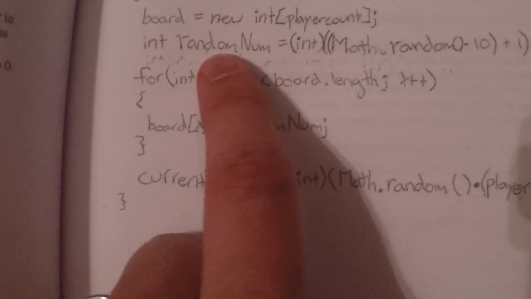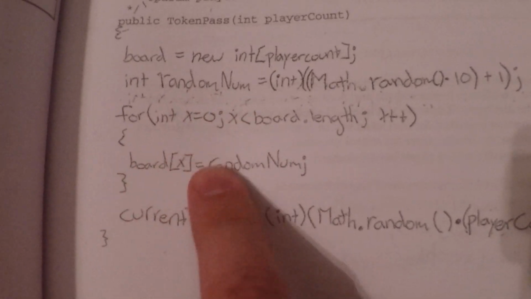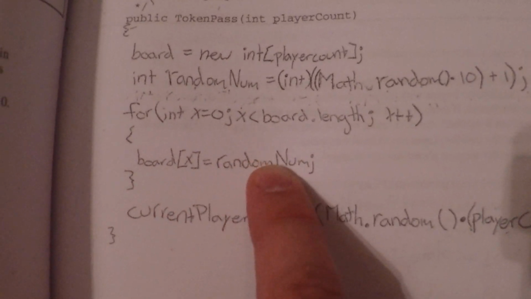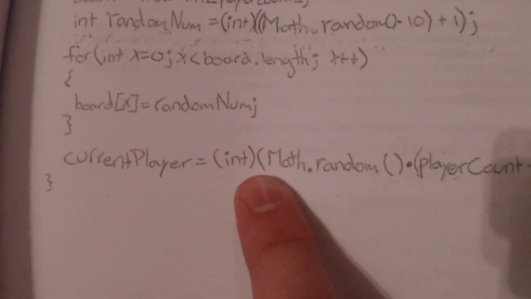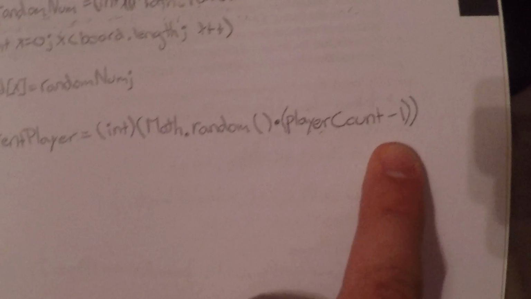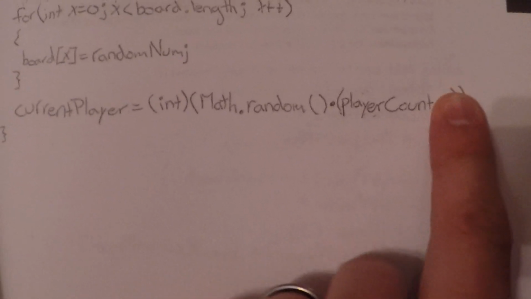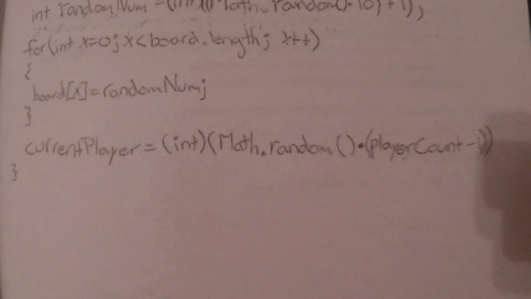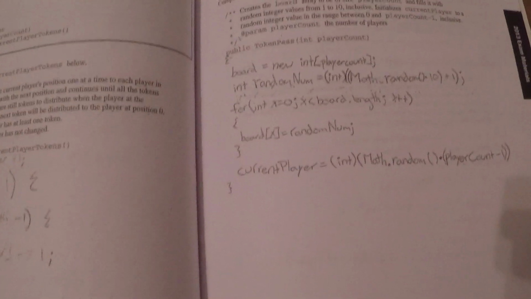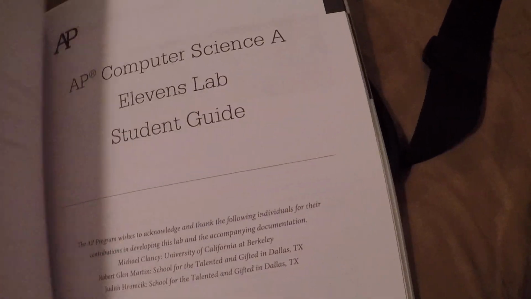So they only do random number one time, and then they set all board values to that one random number instead of making a new random number each time they go through. Current player equals int math random times player count minus 1. So it actually ended up being minus 2 because they should not have put that part on here. Okay, so that is some quick free response guides.